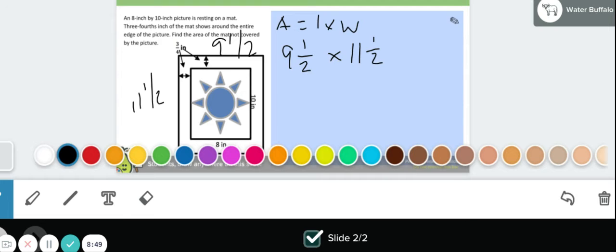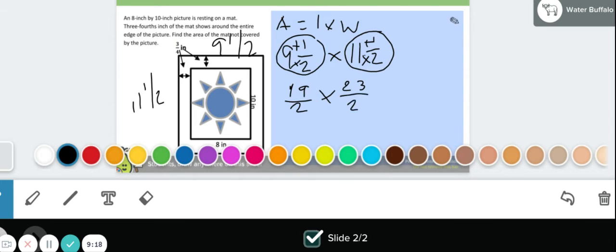Okay, so we're going to change each of these fractions into improper fractions. So 9 times 2 is 18 plus 1. That gives us 19 over 2. And then 11 times 2 plus 1 is 22 plus 1, which is 23 over 2.